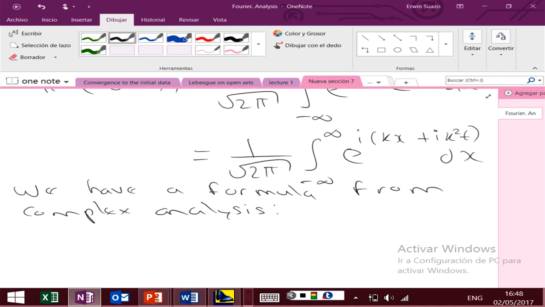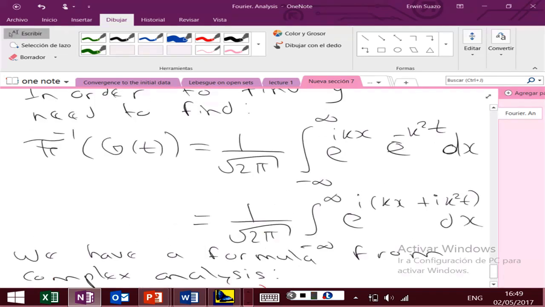So the formula is the following. Let me put it in red. It's the integral from minus infinity to infinity of e to the i (a k squared plus 2bk) dk. Oh, sorry, here it is not x, it's k, because I want k to disappear and hold x and t.